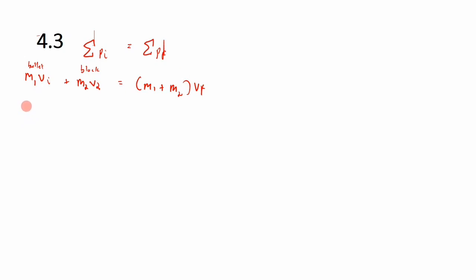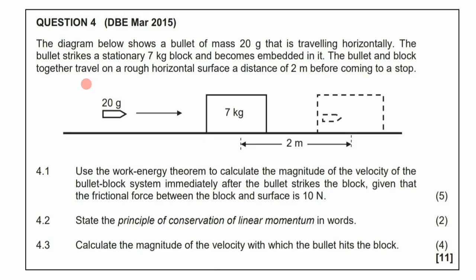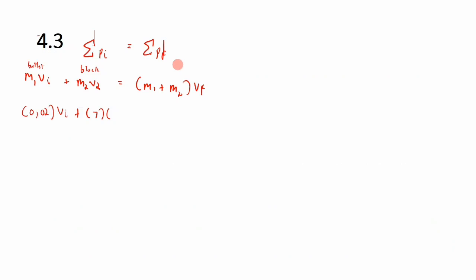What is the mass? The mass of the bullet is 0.02. Then the velocity initially, that's what we are looking for. We are looking for the velocity at which the bullet struck the block. Then 7. Here we are told that the block was stationary. So if the block was stationary, what was the velocity? It was 0. Then the masses, since now they are a system, 0.02 plus 7, we add them together. But remember, in the previous question, we were calculating the velocity of the bullet block system. So that's 2.39.